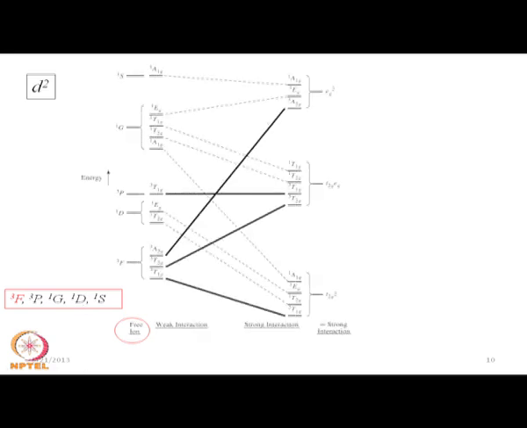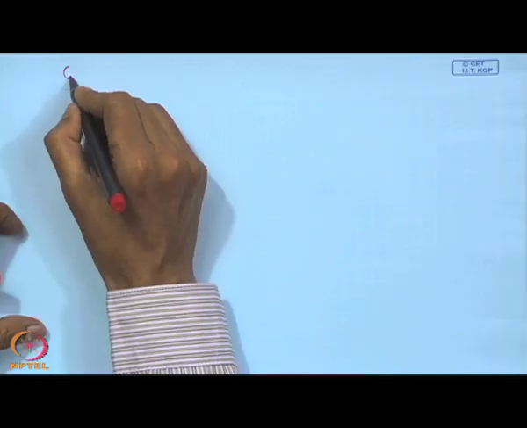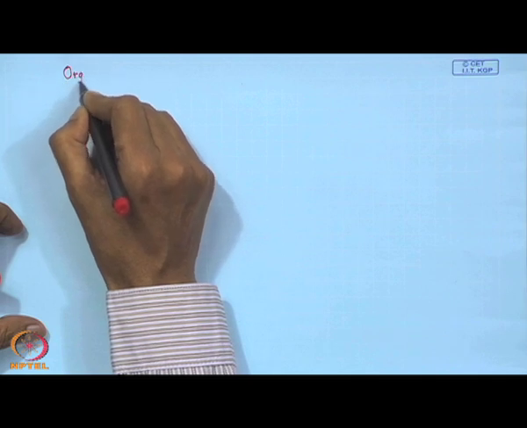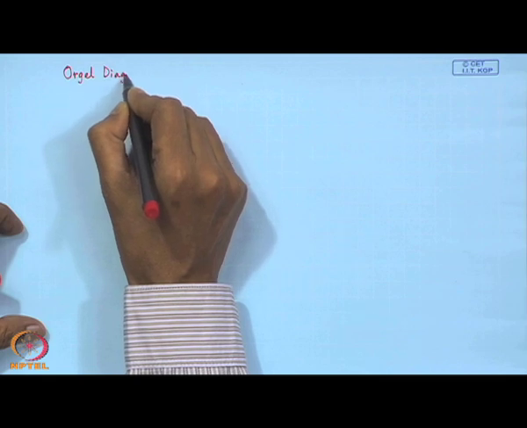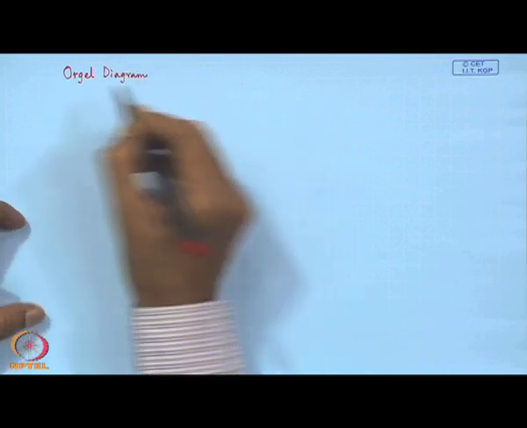Then we can go for this corresponding correlation diagram, because we are slowly approaching from the Orgel diagram to the Tanabe-Sugano diagram. So, we were talking in terms of the corresponding Orgel diagram.